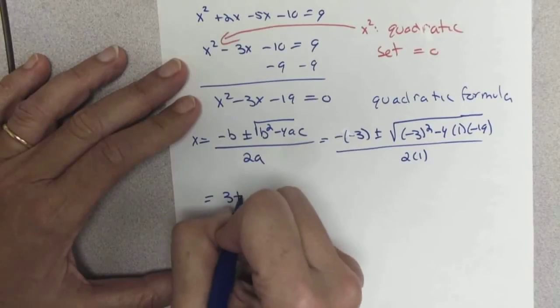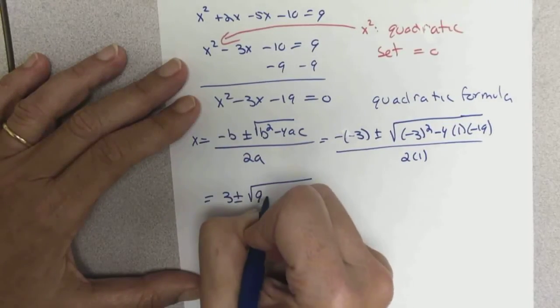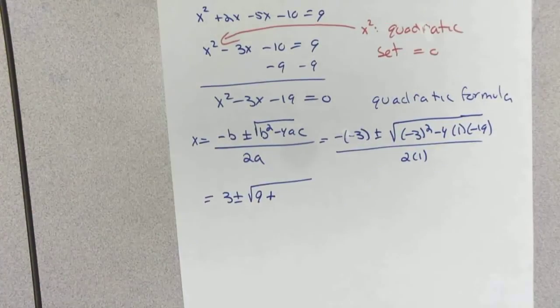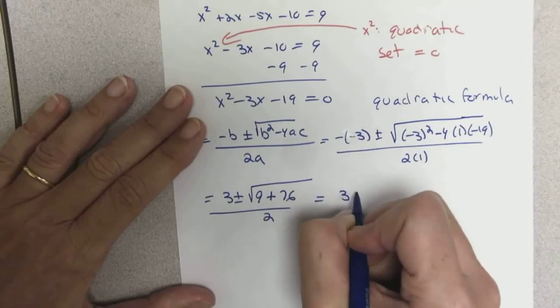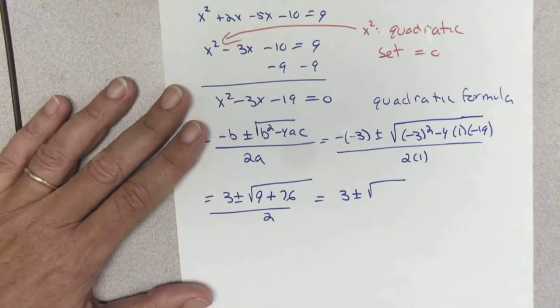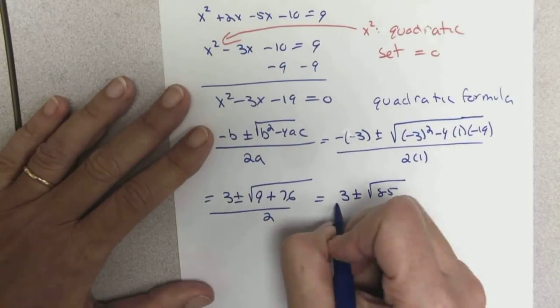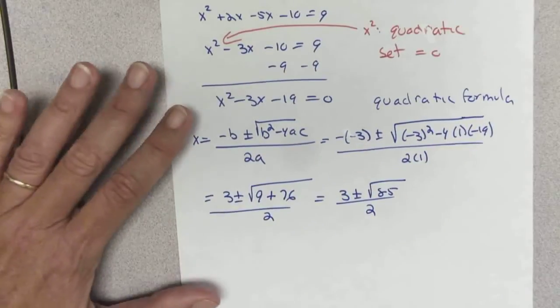And so that's going to give us 3 plus or minus the square root of 9 plus 76, all over 2. And so that's 3 plus or minus the square root of 85 all over 2.